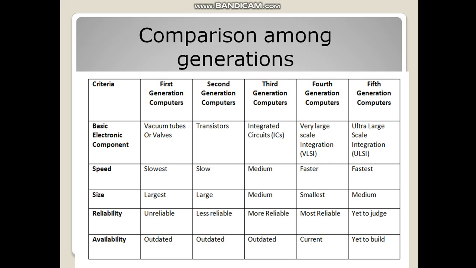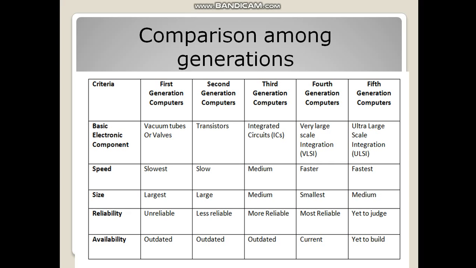Now come to the comparison among generations. We will compare them on the basis of the basic component used, speed, size, reliability, and availability. First generation computers used vacuum tubes: slowest, largest, unreliable, and outdated.